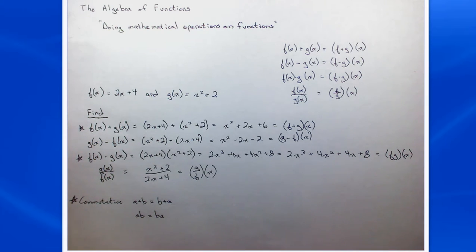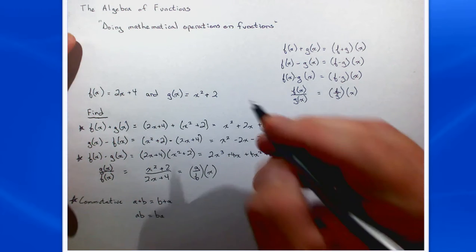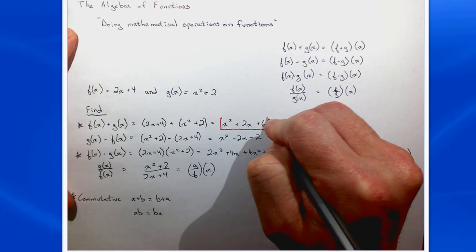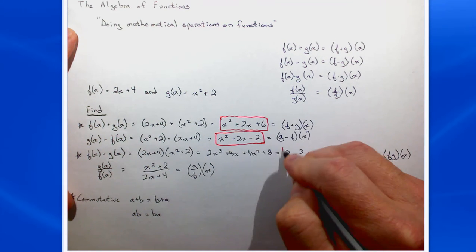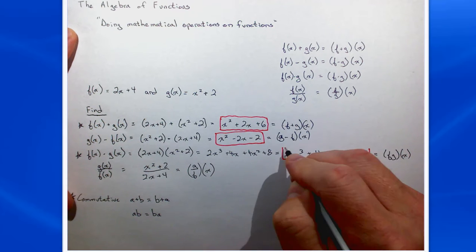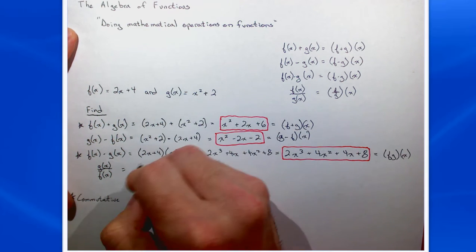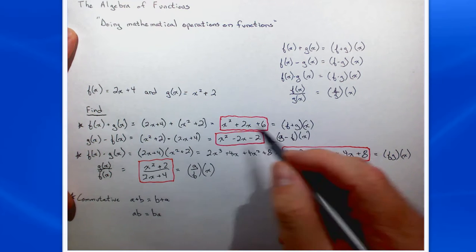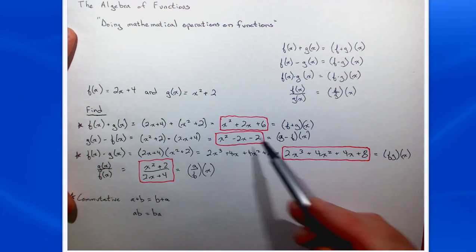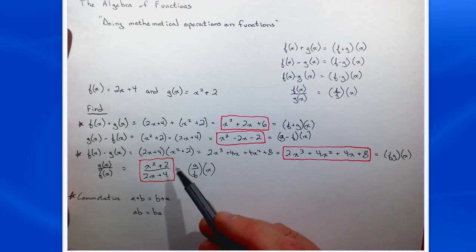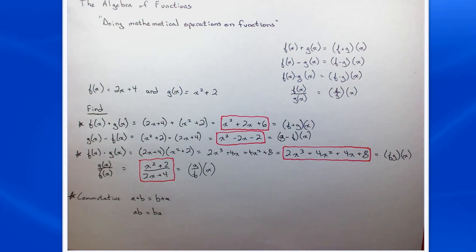Those are my new functions that I'm going to be able to use. So let's make sure we highlight these. And what I've created from those two, I've created a quadratic, a cubic, and a rational, comprised of a quadratic and a linear.